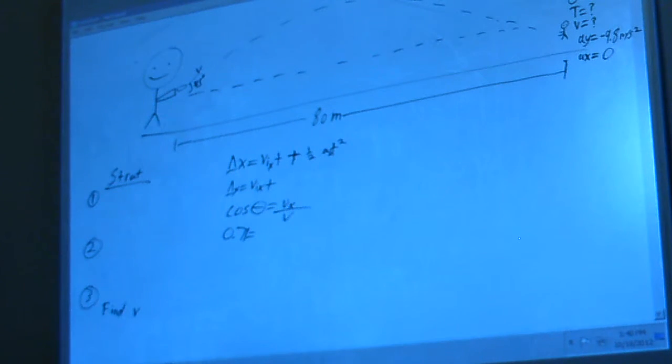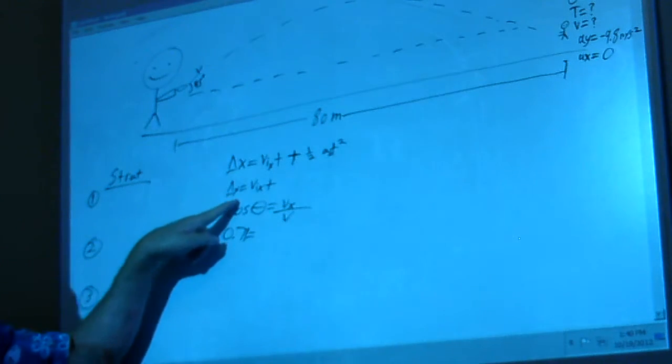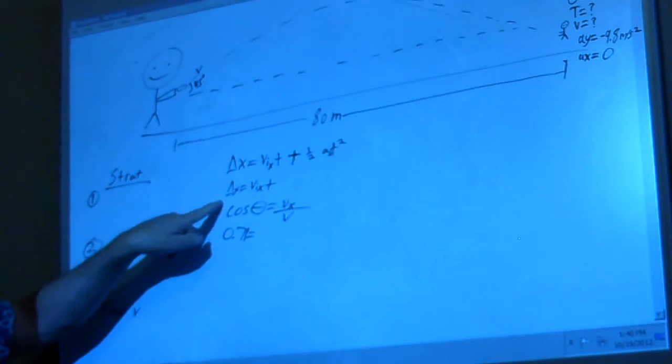What was it in the last problem? What do your notes say? Vx is delta x over t.